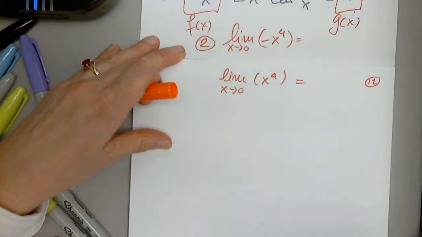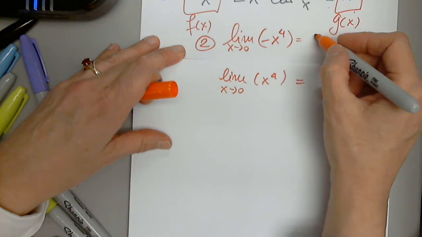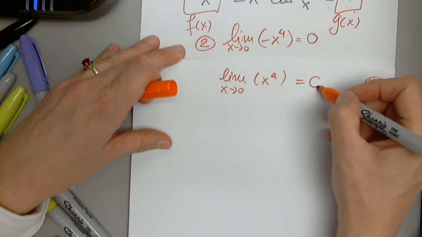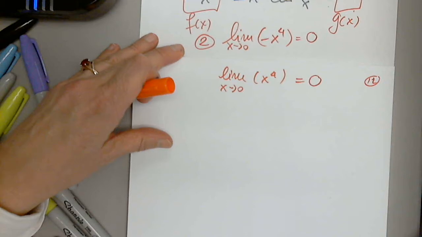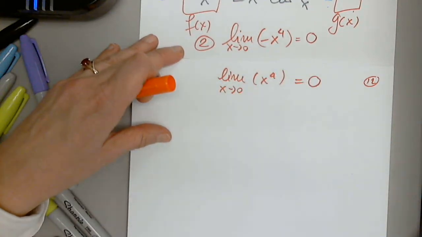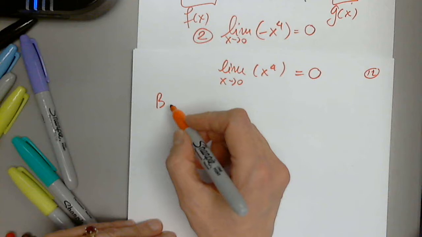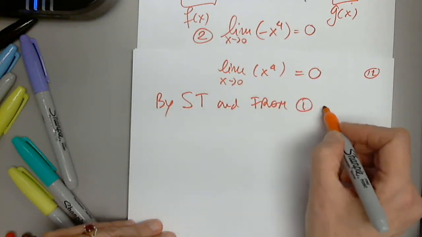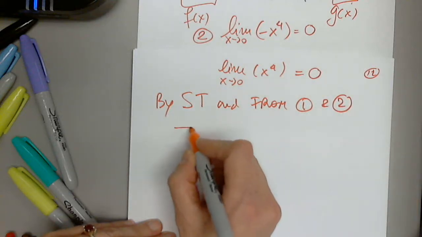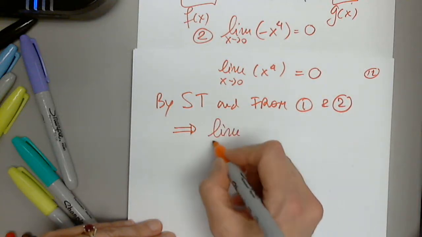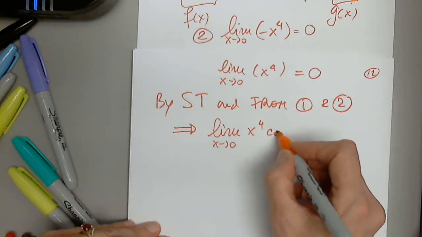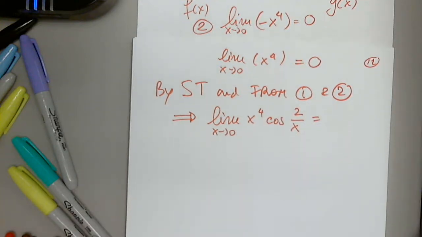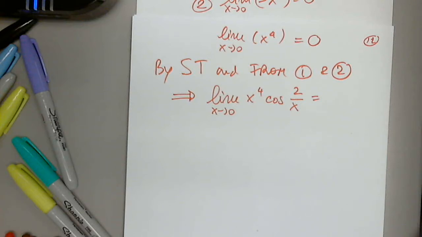Since they are polynomials, I don't have to worry about anything. They both exist and are equal to 0, because I plug in 0 in x to the fourth. Then by the Squeeze theorem and from 1 and 2, we conclude that the limit as x approaches 0 of x to the fourth cosine 2 over x must be 0. This could not have been done without the Squeeze theorem.